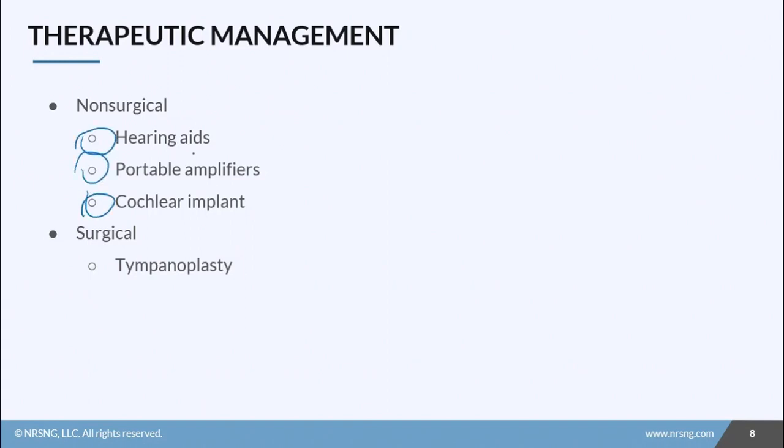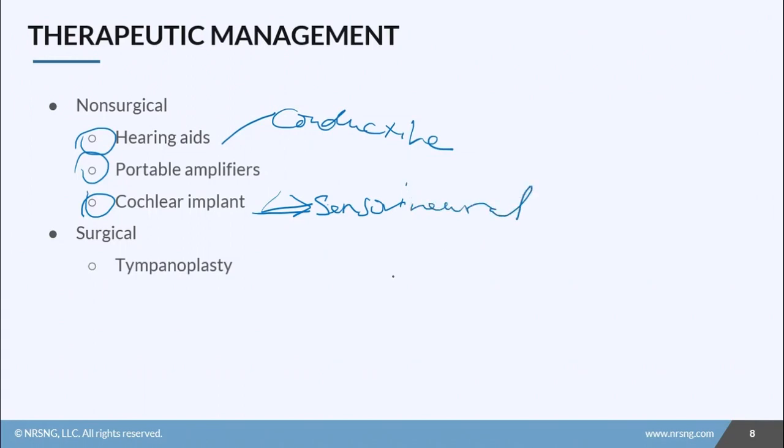Hearing aids are helpful with conductive hearing loss, and they are less helpful with sensorineural hearing loss because they can make the hearing worse by amplifying the background noise. Cochlear implants can also be used, and they are helpful in patients with sensorineural hearing loss, as the problem is within the cochlea itself.